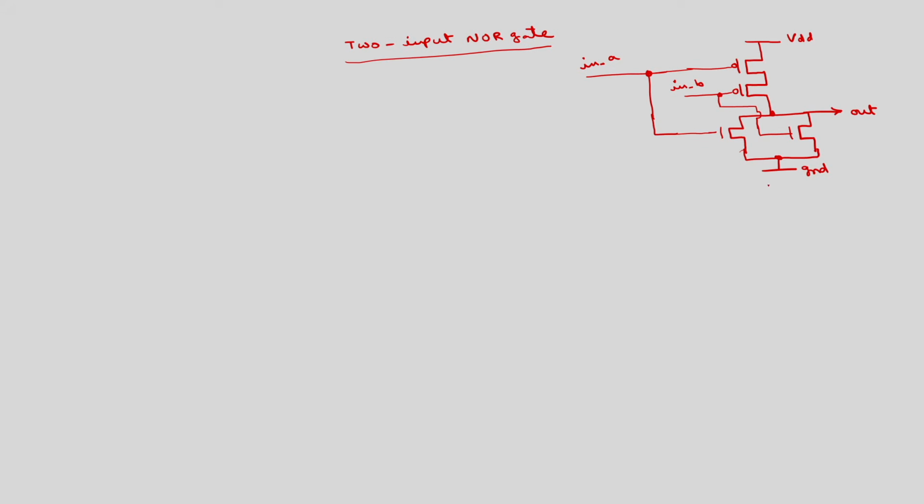So, we know the operation is for in A, in B, output. 0 0, NOR is 0 plus 0 bar, 0 bar is 1. 0 1, 1 0, 1 1.